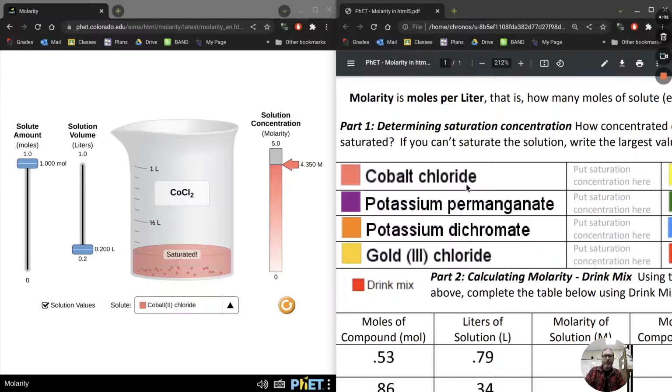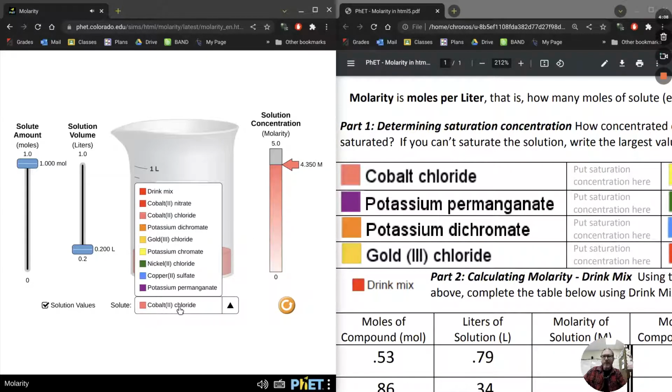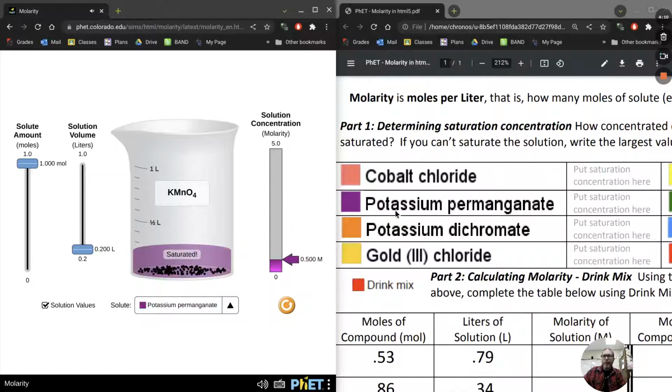I'm going to do the same thing with each of my other solutes. Potassium permanganate is the next one, and you can see I'm already starting out with it saturated. So in this case, I'm going to increase my solution volume, and if you have to, you might even decrease your solute amount.